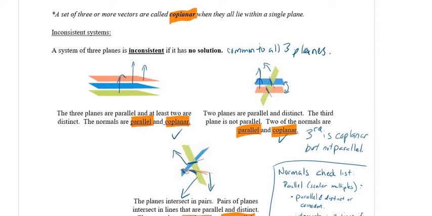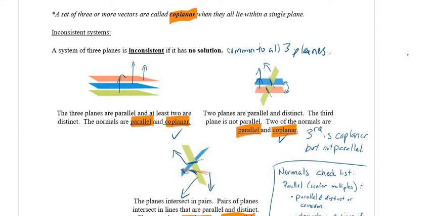And option 3 for this category is that we could have 3 planes that intersect in 3 parallel lines that never meet. If they weren't parallel, then they'd have to intersect somewhere. But if they're parallel, then we know they're never going to meet. So in this case, because no one line works for all 3 systems, each line only works for 2 of the 3 systems. So that one is inconsistent as well.